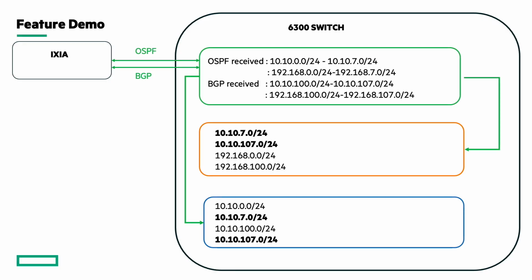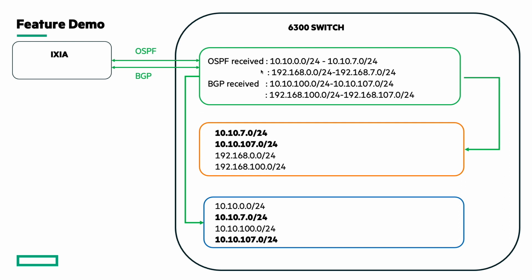Okay, so now let's consider the second demonstration, which will illustrate the selective inter-VRF route leaking. Here we will only consider as egress VRF the green VRF, which is receiving OSPF and BGP prefixes and installing into the FIB.